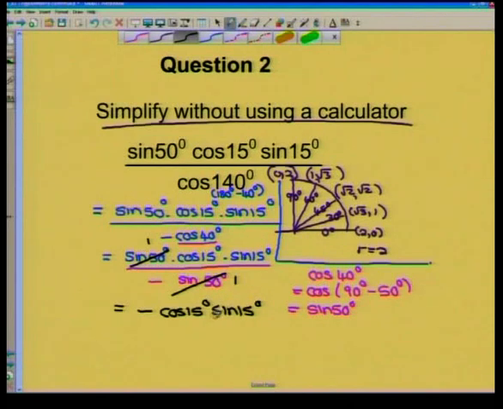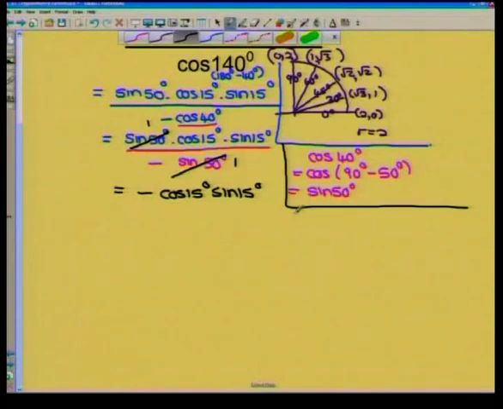Oh my goodness, 15 degrees. How on earth are we going to work with it? Well, if you've learned your formulas, you're smiling now because you're saying to yourself, well, I've actually seen a formula very similar to this. The formula that I've seen that's very similar to this looks like this. Sine 2 theta equals 2 sine theta cos theta. The problem is that I only have this part.